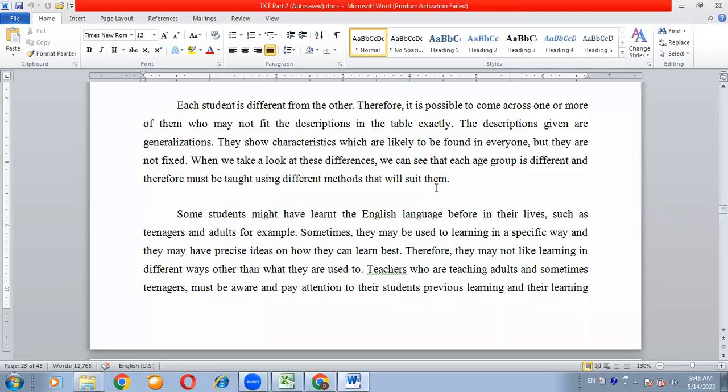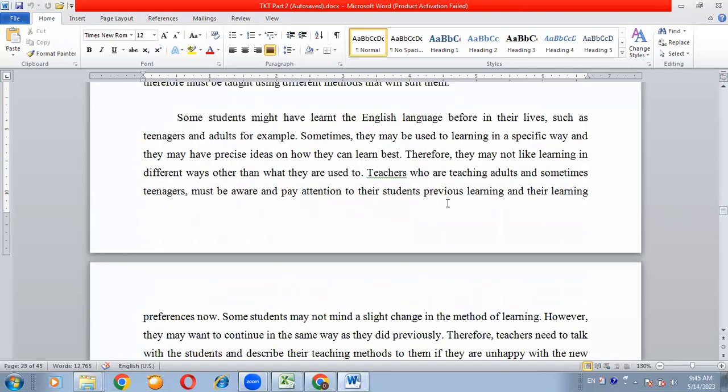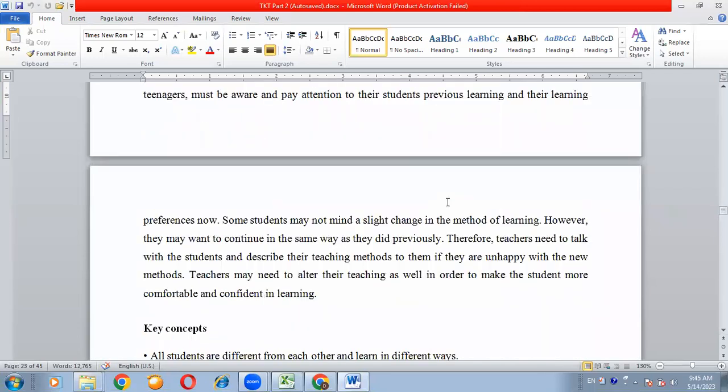Teachers who are teaching adults and sometimes teenagers must be aware of and pay attention to their students' previous learning and their learning preferences. Some students may not mind a slight change in the method of learning.